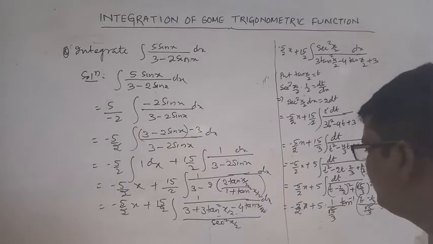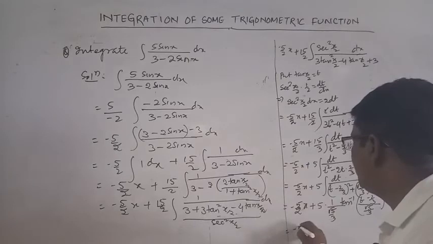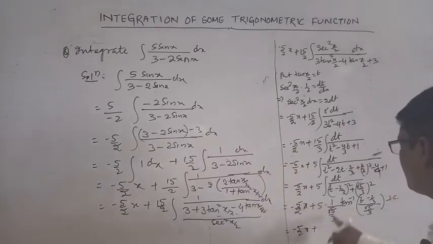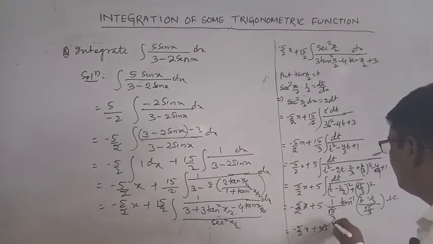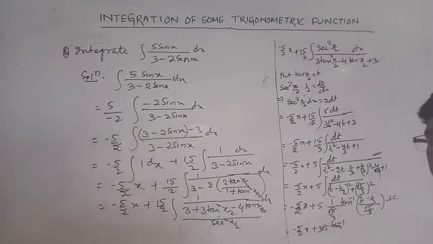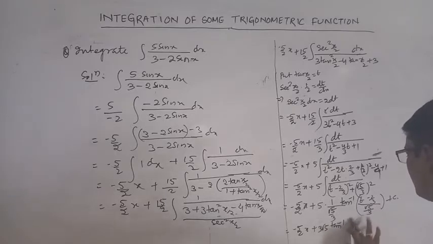Okay, now this is equal to minus 5 by 2x plus what? Root 5, so 3 root 5 into tan inverse, this is 3t minus 2 divided by root 5 plus c.